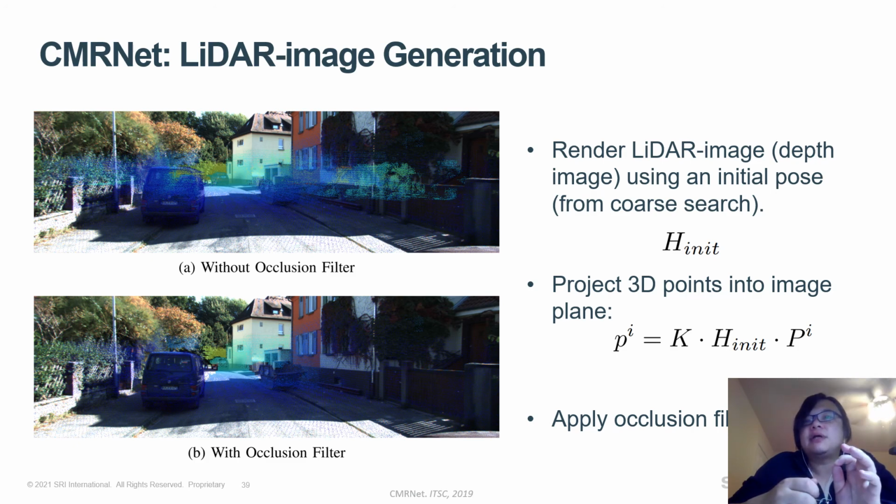So they also apply an occlusion filter to filter out the information behind the foreground object through the projection. So it makes the depth map look more realistic after projection.